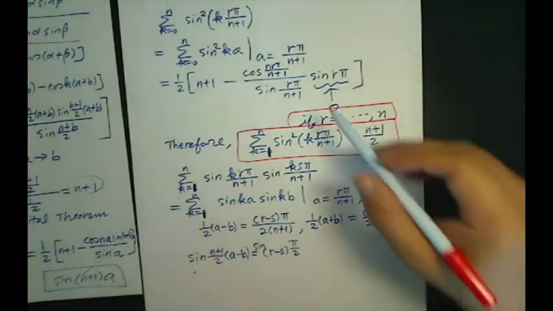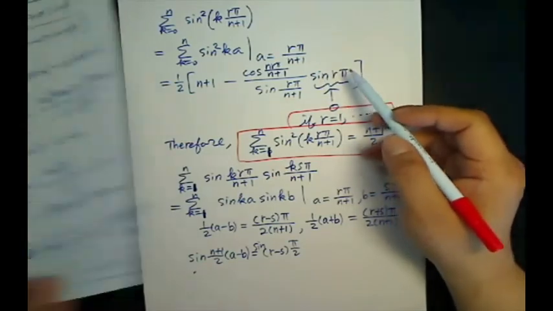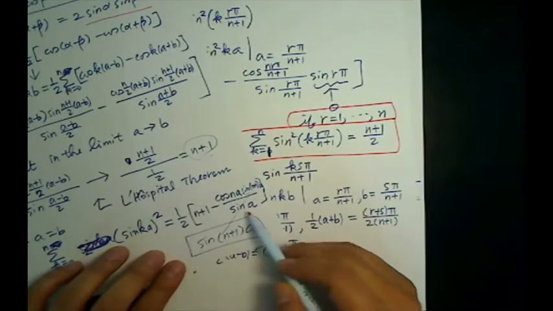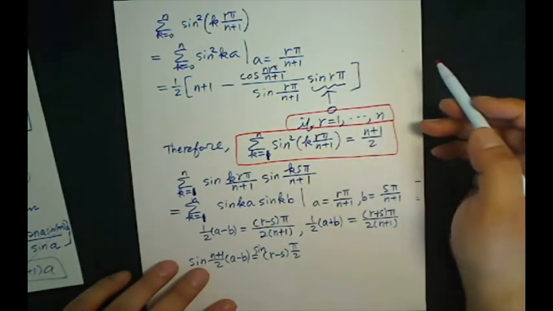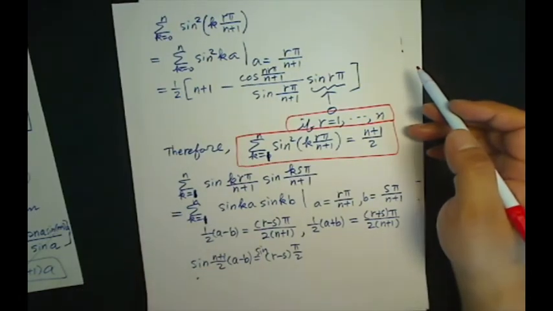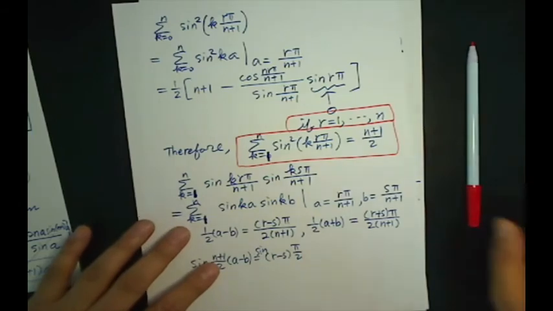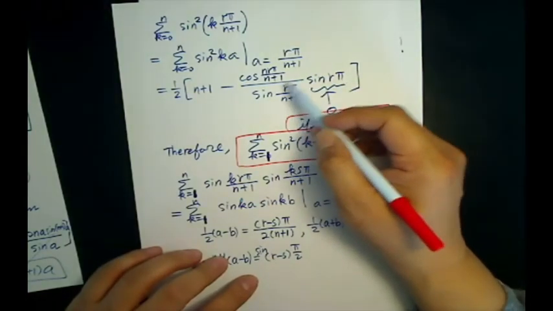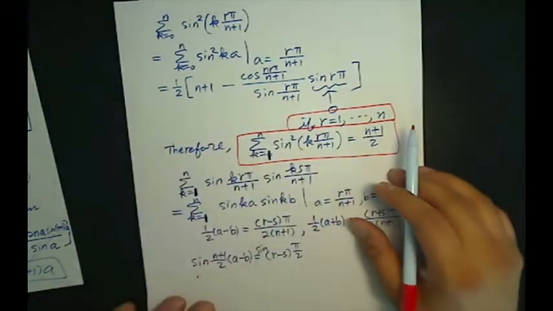What we are interested in is a special value for the case a equals r pi over n plus 1. If I substitute this result in here, the second piece that has a sine factor, cosine na sine (n plus 1)a divided by sine a, has a factor of sine r pi. So this one is completely vanishing. It is non-vanishing only because of n plus 1 in the denominator.